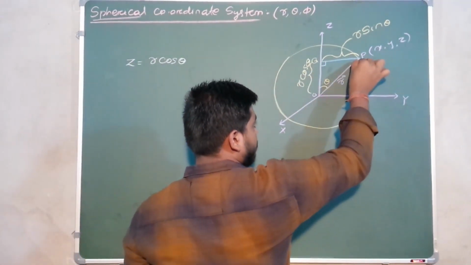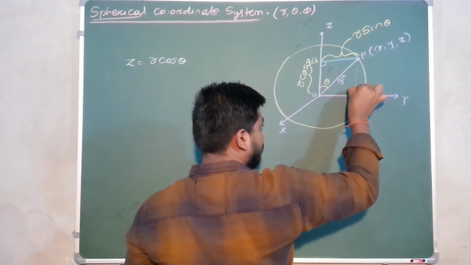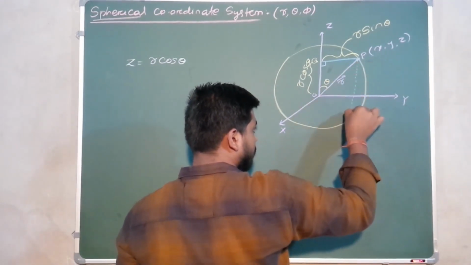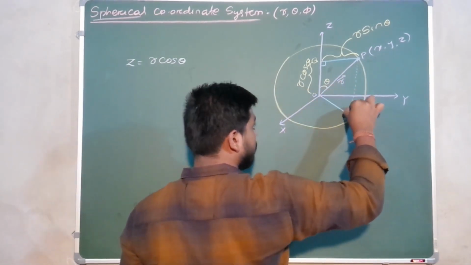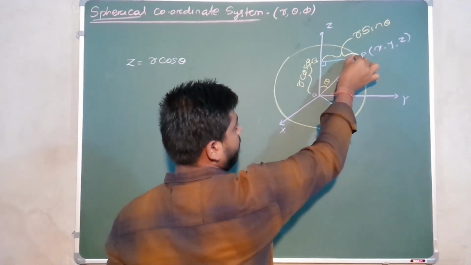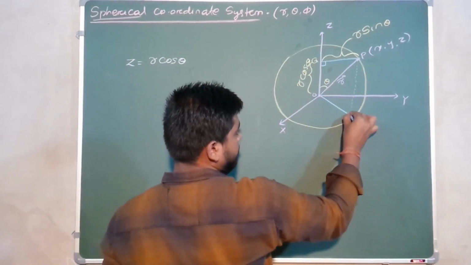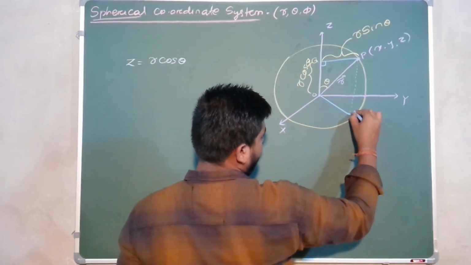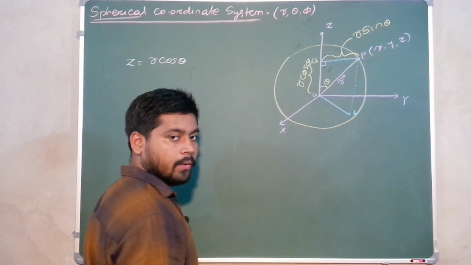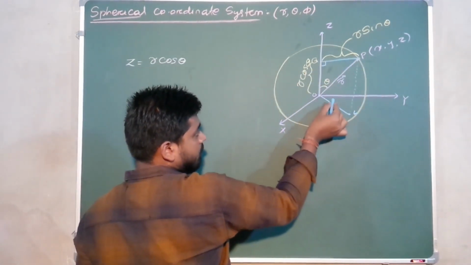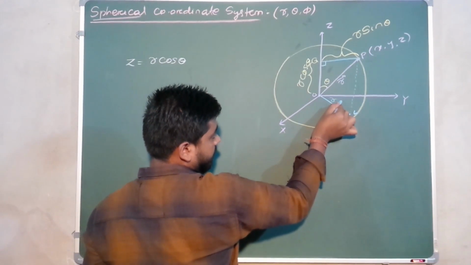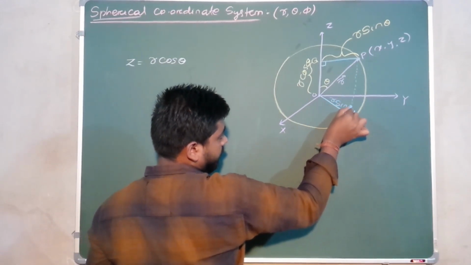Then QP, just draw here. Let this be the point L. Then this becomes r sin theta. This also becomes r sin theta. Okay.